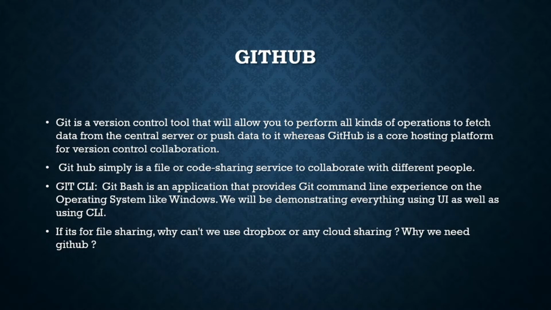If you don't know what a repository is, don't worry, we will come to that. Whenever we make changes to a file, we will upload it back to GitHub, and all of your team members will refer to the code in GitHub. That will be the latest code or the latest file.